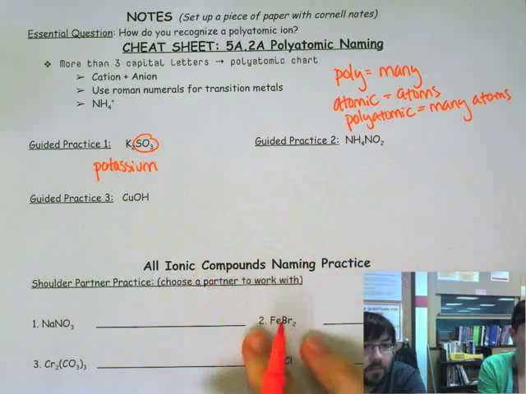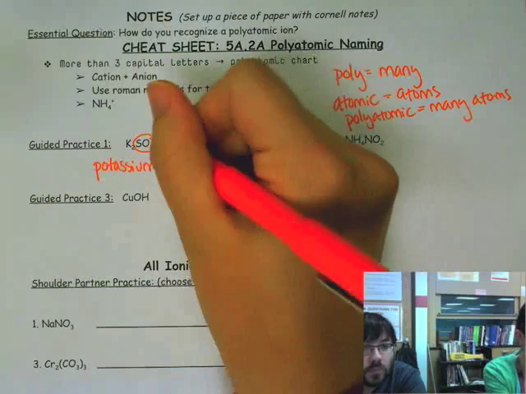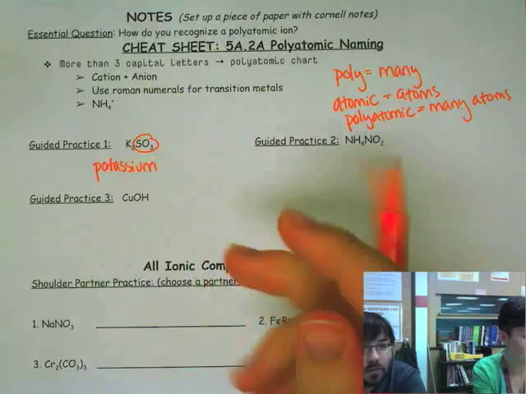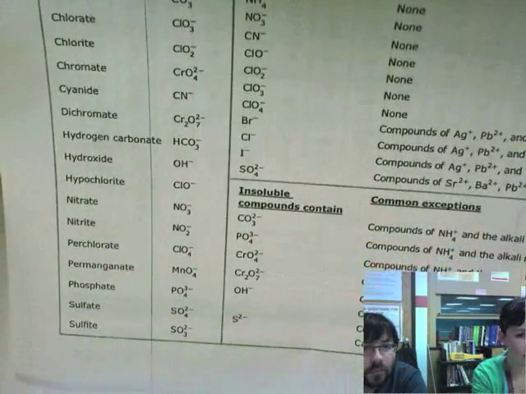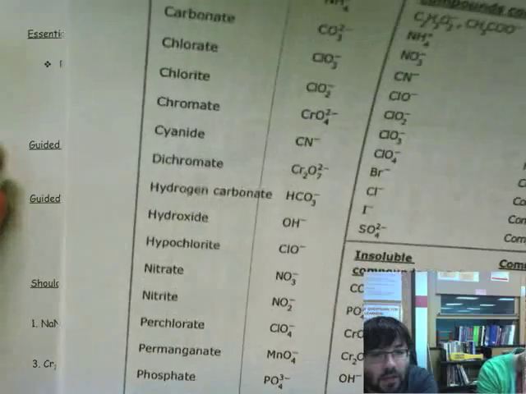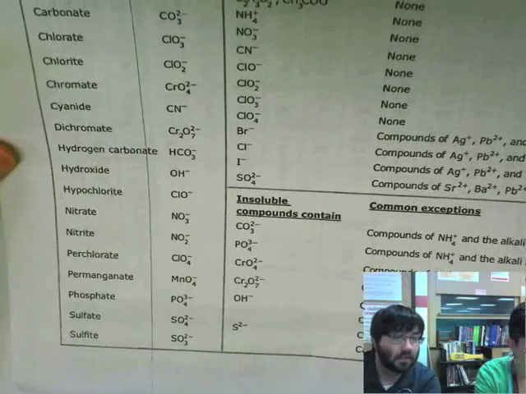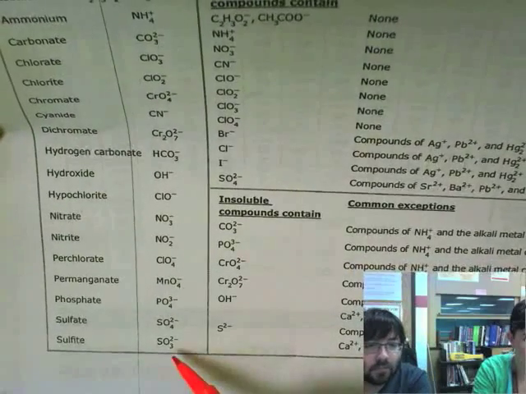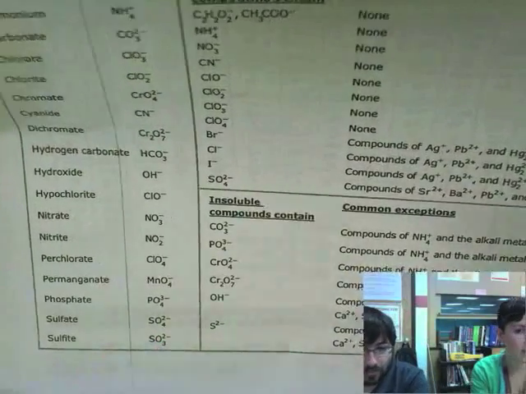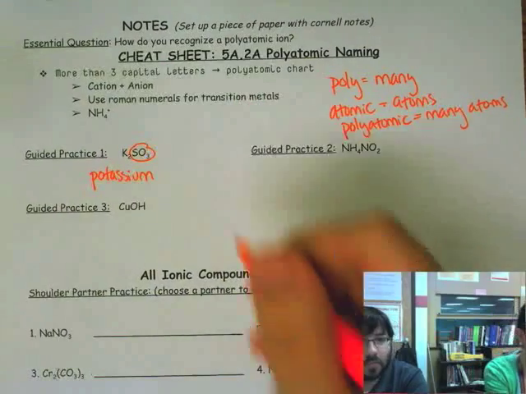That little guy right there is our anion. And we're going to look at our chart, see if we can find it. See, it was SO3. SO3, so that's sulfite. There we go, right there at the bottom. Sulfite, right there. So now we put the name of the ion after the cation.